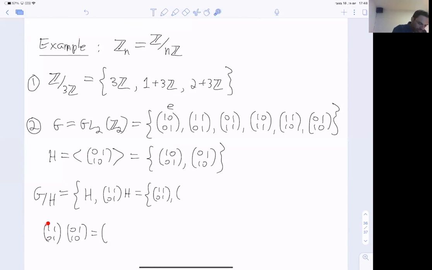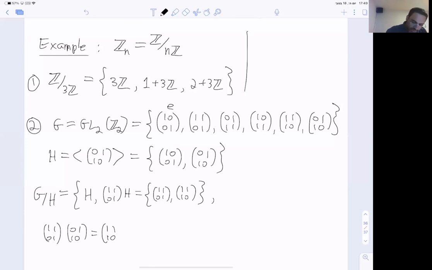This is 0, 1, then 1, 0, then 0, 1, and here it must be 0, 0, 0.